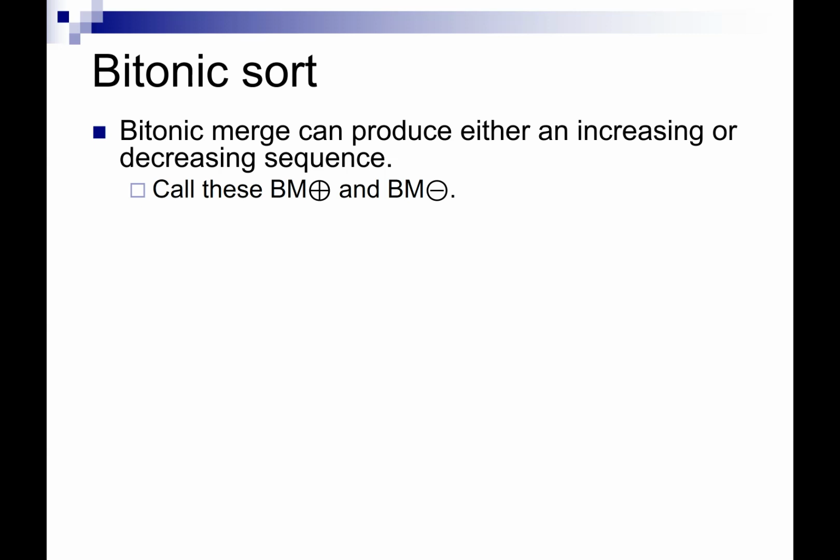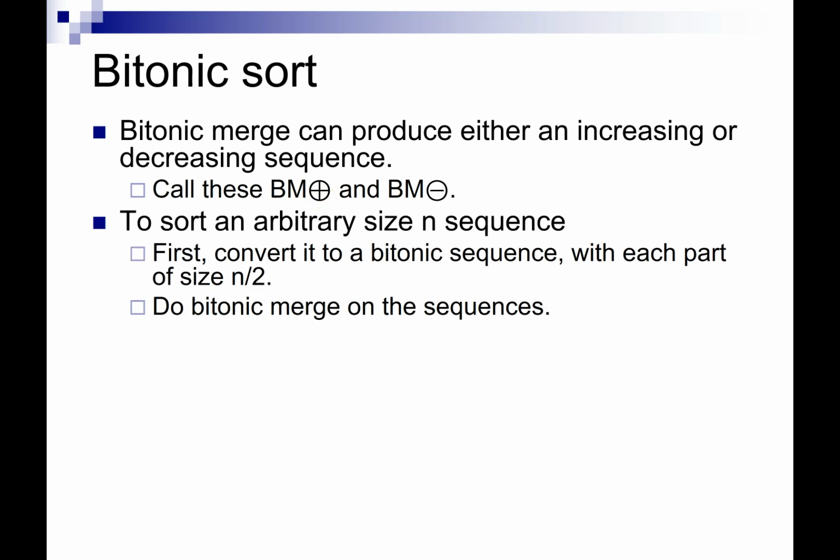You just flip the min and the max. So we're going to write the bitonic merge into an increasing sequence with a plus sign, BM plus, and into a decreasing sequence with a minus.